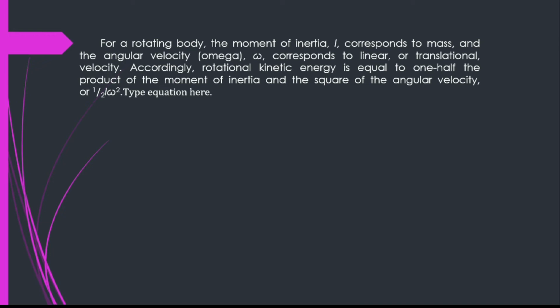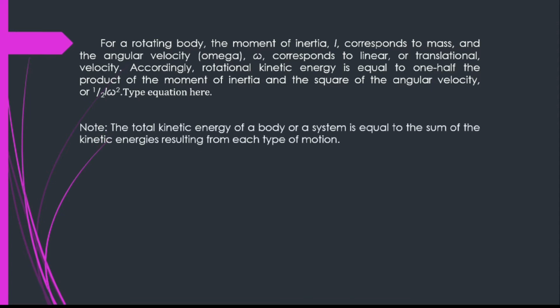Accordingly, rotational kinetic energy is equal to one half of the product of the moment of inertia and the square of the angular velocity, or one half moment of inertia times omega squared. Note that the total kinetic energy of a body or a system is equal to the sum of the kinetic energies resulting from each type of motion.